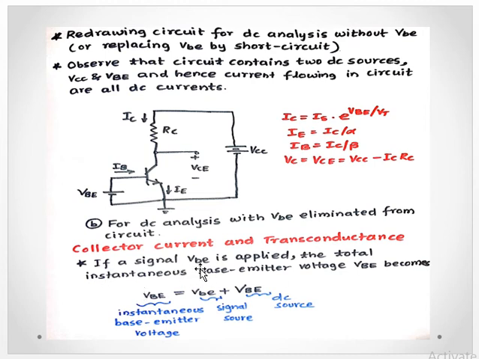If a signal vbe is applied, the total instantaneous base emitter voltage vBE becomes VBE plus vbe. So vbe corresponds to the signal source and VBE to the DC source. Signal source and DC source put together give you the instantaneous base emitter voltage.